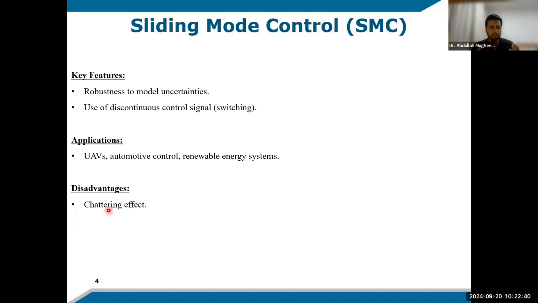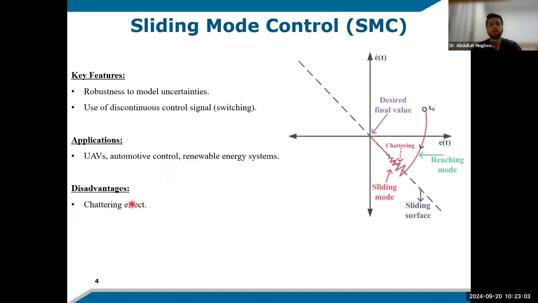It needs to turn on a system and turn off a system thousands of times in a second. So if it is doing a lot of work, it may damage itself. Our hardware may damage itself because it does not have the capability to do this much work that the controller is telling it to do. So that is our chattering effect.